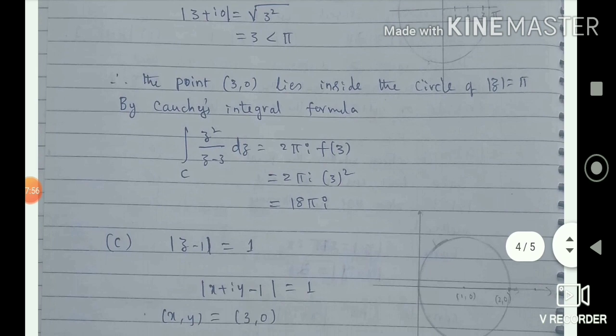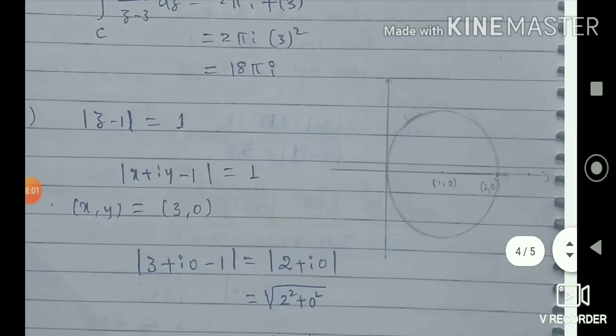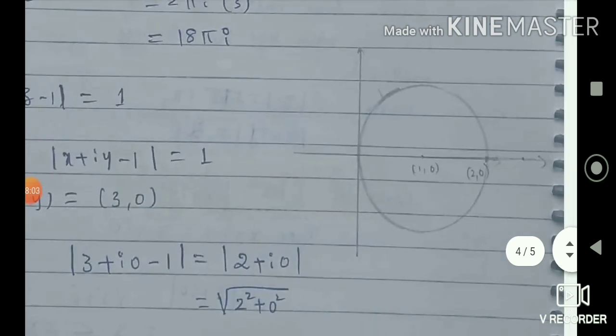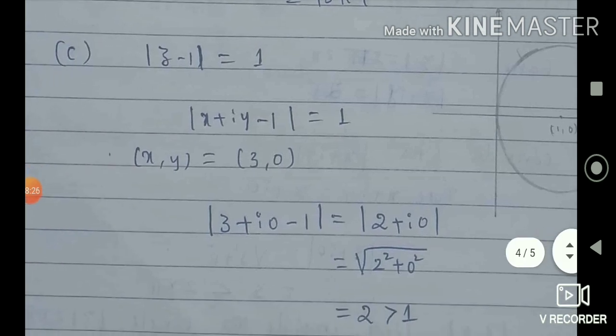But let us take the third case. I am going to take a different circle. You can see the circle here. The circle has center at (1, 0) and radius 1 unit, and I am verifying whether the point (3, 0) lies inside this circle or not. You can easily see that the point (3, 0) goes outside this circle, but we can verify mathematically also.